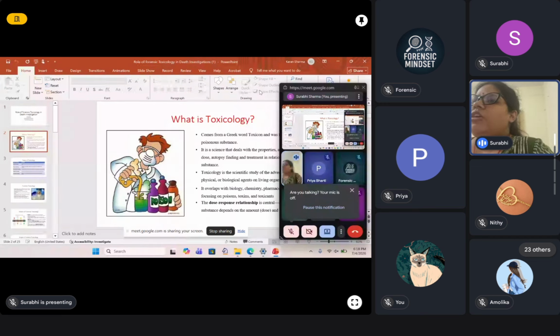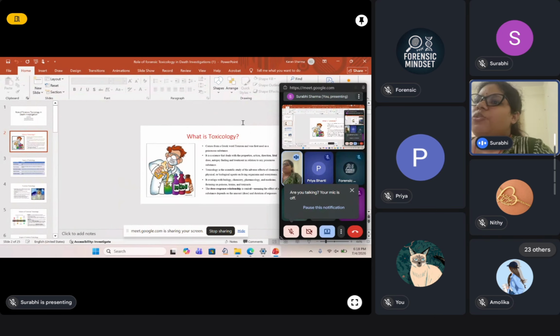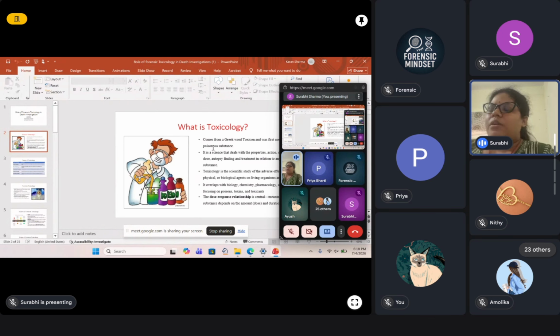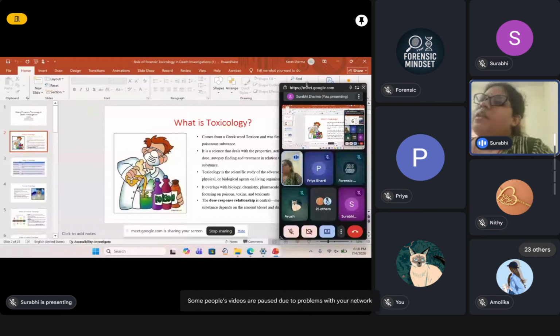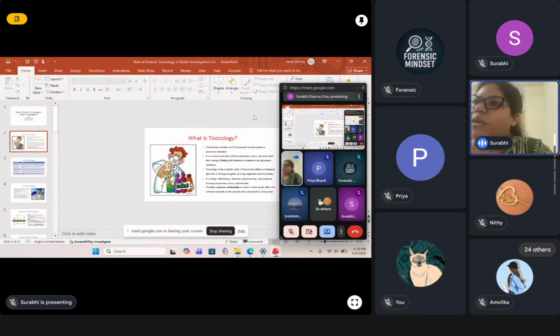Now, toxicology comes from the Greek word toxicon, which was first used for a poisonous substance. Everyone must be knowing about arrowheads that were used before, when these poisons were not in existence. Everyone must have heard from their grandmothers.